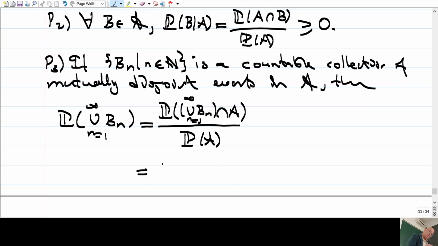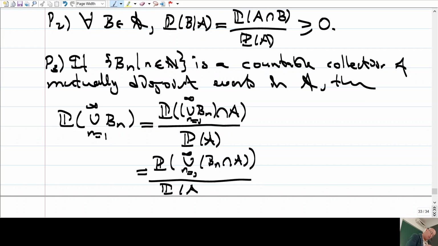This is just P of the union from 1 to infinity of Bn intersection A, divided by P of A.